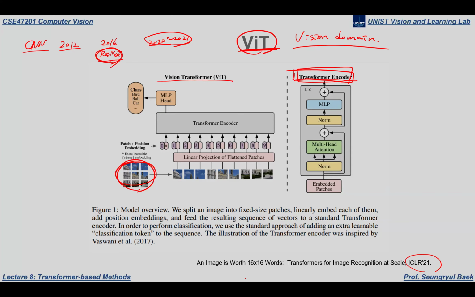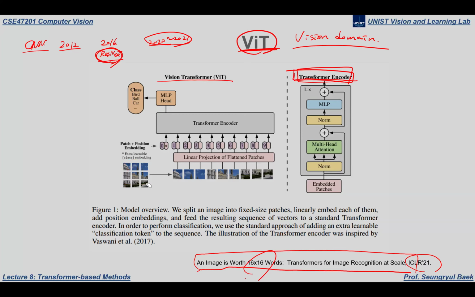And their architecture is quite simple. So their paper name is like this: An Image is Worth 16x16 Words. Okay. So this means they are dividing the overall image into patches with this size.